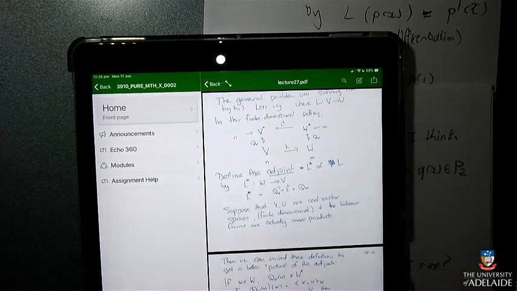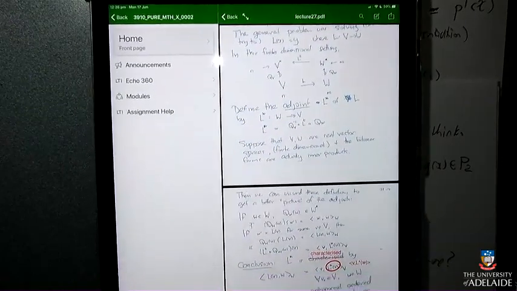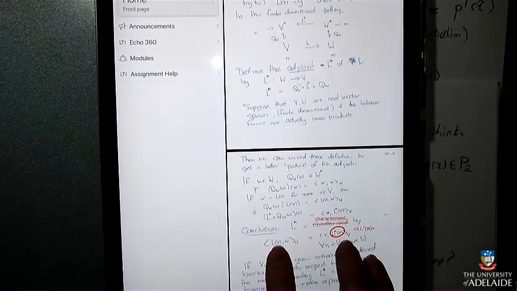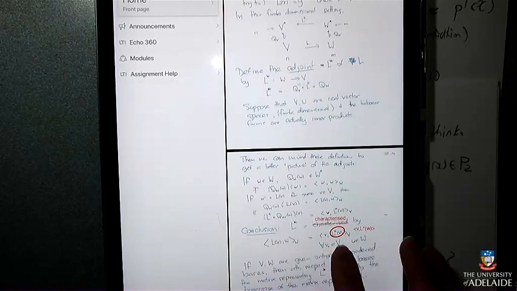And so the conclusion here is that L star is characterized by the dot product in W. V comes into W via L, and then it's dotted with a vector W in big W. And it's the same answer as staying in V and bringing W back.